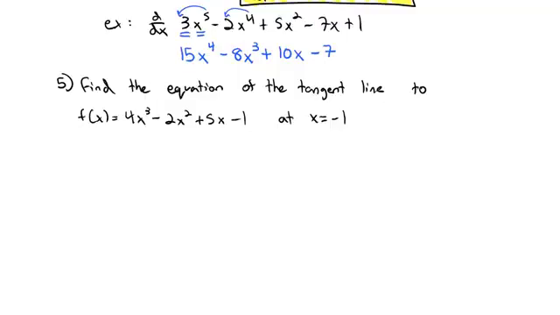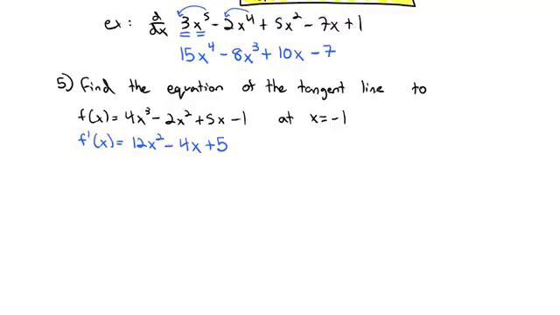Actually, no, first let's find the derivative. So first we're going to take the derivative: f prime of x is equal to 4 times 3 is 12x squared, subtract 1 from the exponent, minus 2 times 2 is 4x, plus 5, and the x disappears.